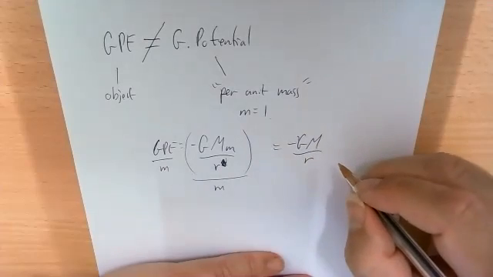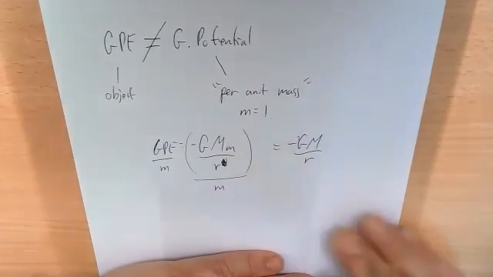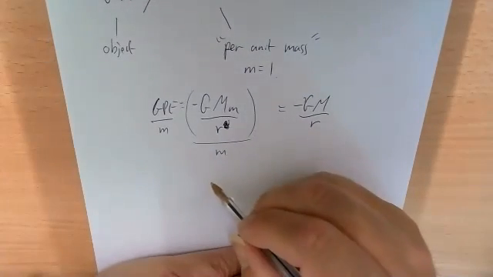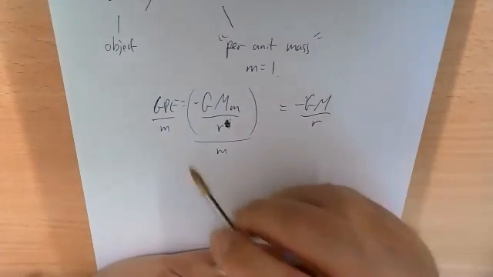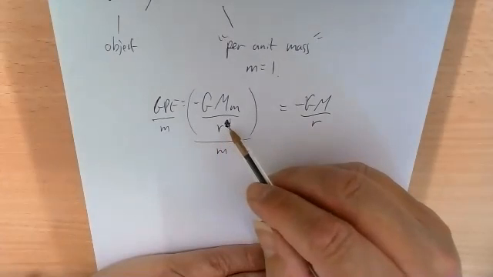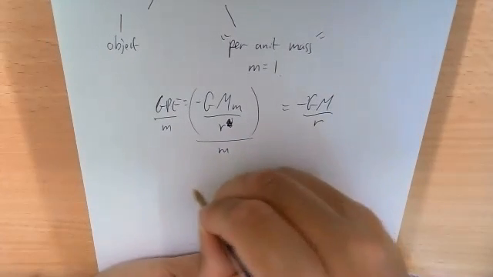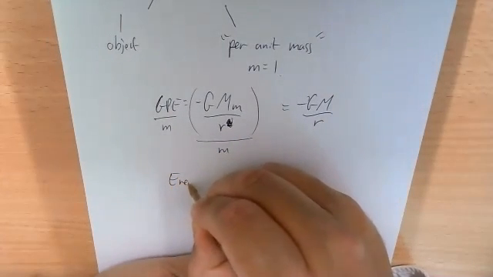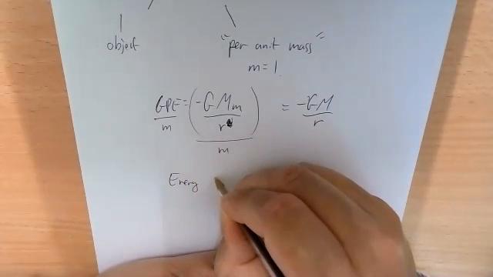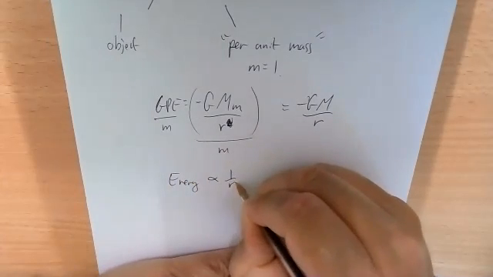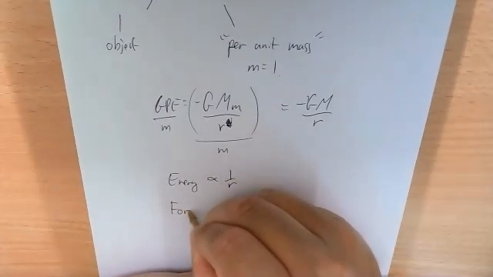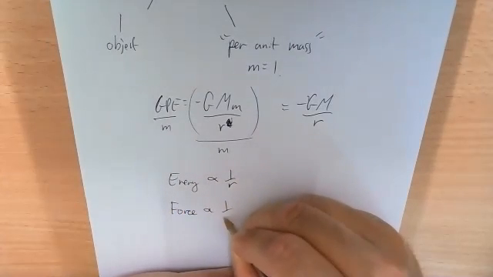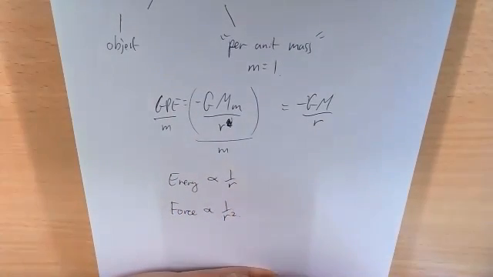Now, the common mistake, and it's one I just made there because I wasn't concentrating properly, because there's lots going on around me. Remember, energy is proportional to 1 over R. Force is proportional to 1 over R squared. Okay?